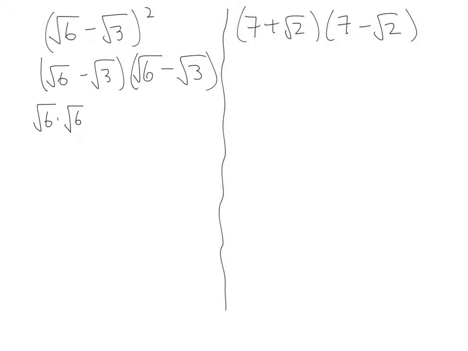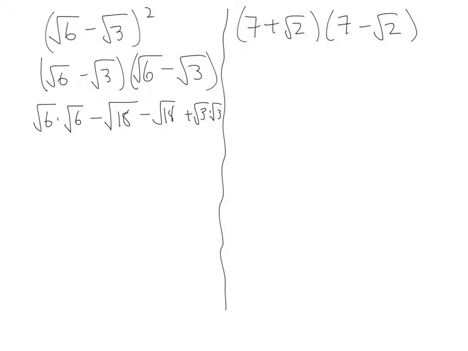The outers is going to give us root 6 times root 3, and that will be negative. So that'll be root 18. And then the inners is going to give us root 6 times root 3, which is also root 18. So we'll write minus root 18 again. And the last is going to give us root 3 times root 3, and that'll be positive. Root 3 times root 3.